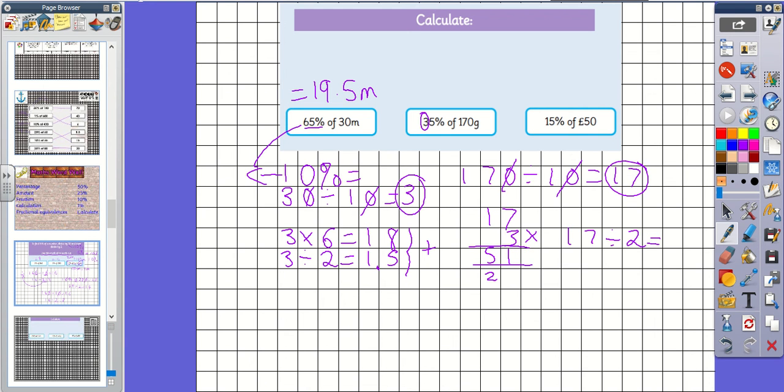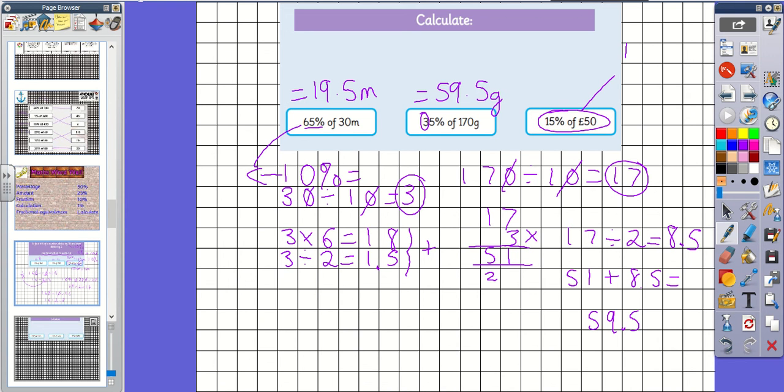So I know if I go my 2 times table, 2, 4, 6, 8, 10, 12, 14, 16, then 8.5 would make it half of 17. I then need to do 51 add 8.5, which will give me 59.5. 59.5 grams.